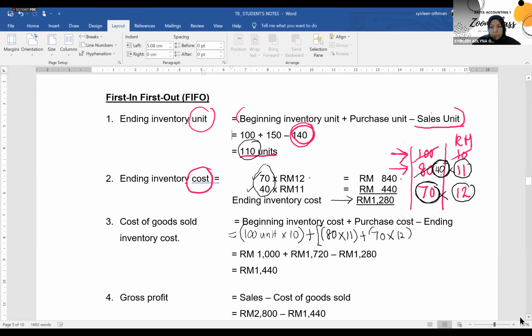This one you need to refer back to your question because we have two purchases. The first batch of inventory is 80 units at RM11, that is 880. Then we have 70 units at the price of RM12, that is 840. So 840 plus 880 we get 1720. That's how I get that value.